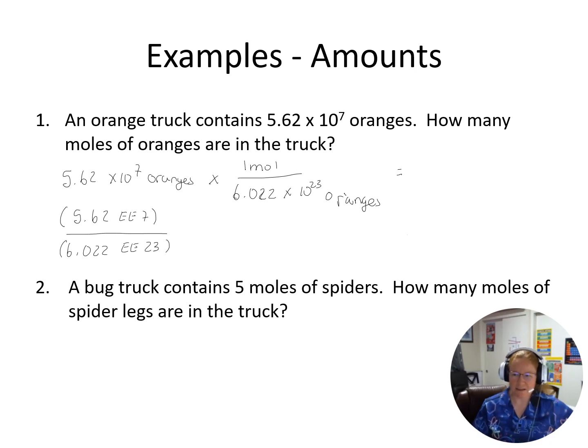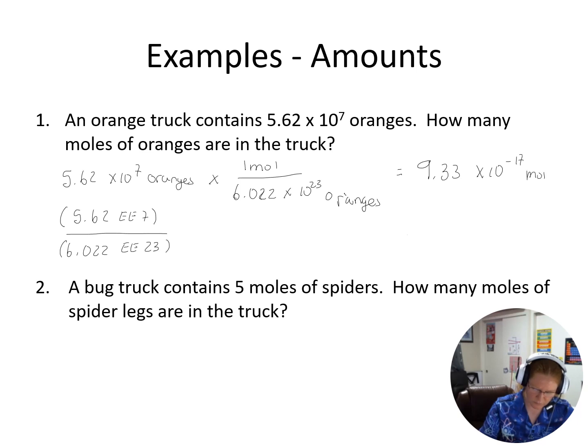Numerically, you'll get the right number, but you won't get the right order of magnitude, because instead of dividing by 10 to the 23rd, it'll multiply by 10 to the 23rd. So you need to make sure you put that into parentheses. And so what you should get is 9.33 times 10 to the negative 17th moles.